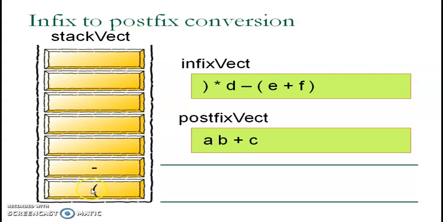And when it becomes the topmost element of the stack, we'll match this closing bracket with the opening bracket and we'll discard it, because the postfix string does not consist of brackets or parentheses. Okay, so in this situation we pop out minus, and the opening and closing brackets get cancelled, discarded.